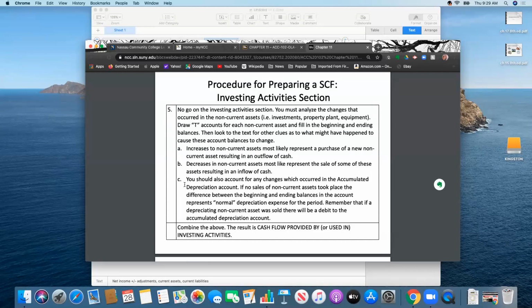But what if that doesn't add up? If that doesn't add up, it means that a number belonged on the debit side of that account. And if there's a number on the debit side of the account, that means one of those assets was sold. Right? So again, if you go back to chapter 7 and you study those pages, you'll see anytime you sell one of these assets, you have to debit the accumulated depreciation account.